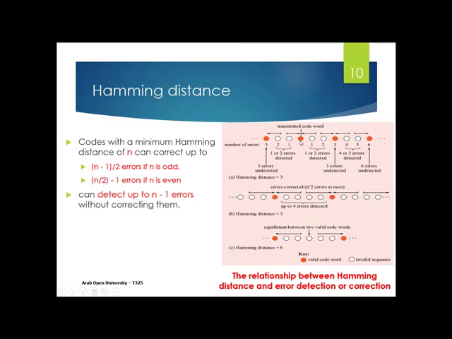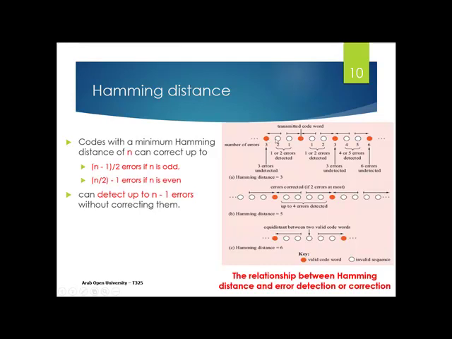So this leads us to the definition of the property of the code, taking into consideration the Hamming distance. If a code has a Hamming distance of d, it can detect d-1 errors. So let's consider this example. We have a Hamming distance of 3.